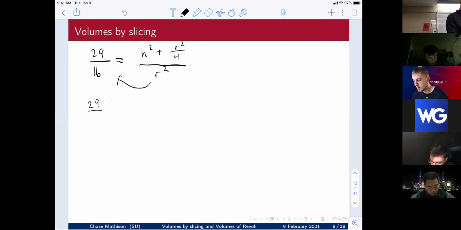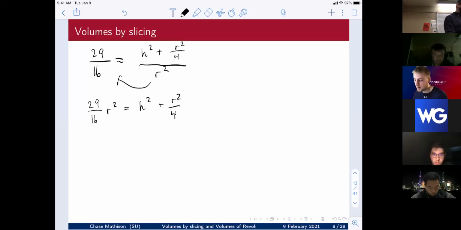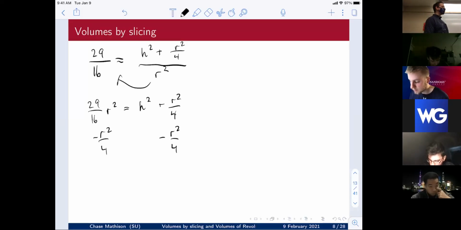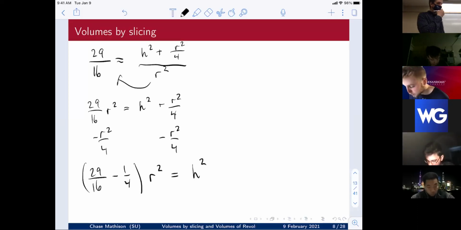I get 29 over 16 r squared is equal to h squared plus r squared over 4. Then I'll subtract r squared over 4 from both sides. So I'll get 29 over 16 minus 1/4 r squared is equal to h squared.